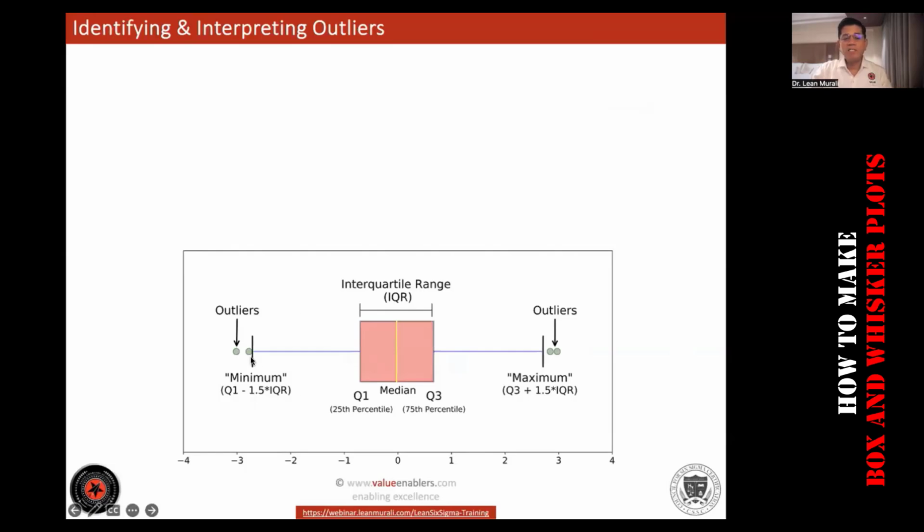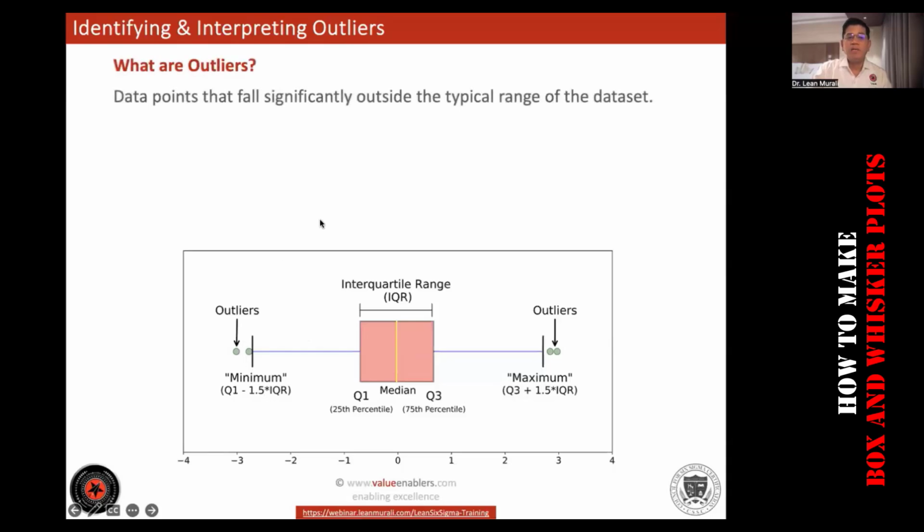Whatever is beyond 1.5 times IQR, you calculate Q3 minus Q1 and multiply that with 1.5. If a point is beyond that, then you call it an outlier. Outliers are data points that fall significantly outside the typical range of the data set.